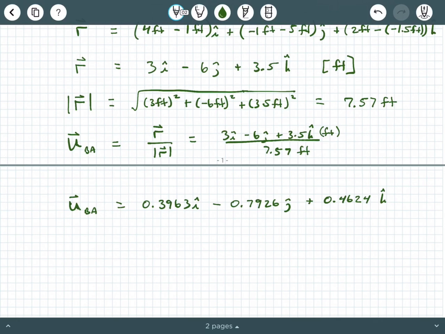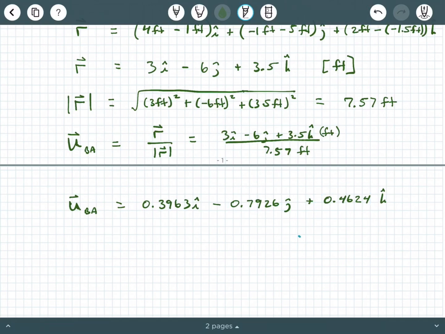If you want to double check that this unit vector is correct, you can compute its magnitude, and you should get a magnitude of 1. You could also compute coordinate direction angles, because we know that this value is equal to cosine alpha, this is cosine beta, and this is cosine gamma.